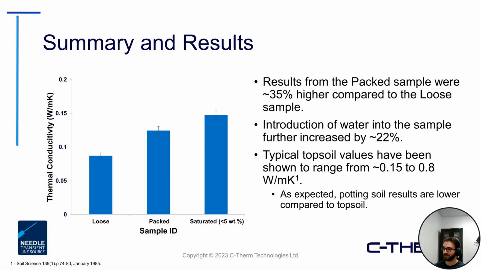And again, that's related to the fact that this potting soil is a different material. It's lighter, not as dense. This makes sense that you would experience a lower effective thermal conductivity compared to something more densely packed like topsoil. But again, a nice little analogy here on looking at the different sample formats and which methods may be more appropriate.